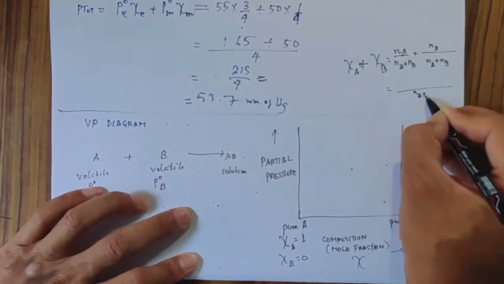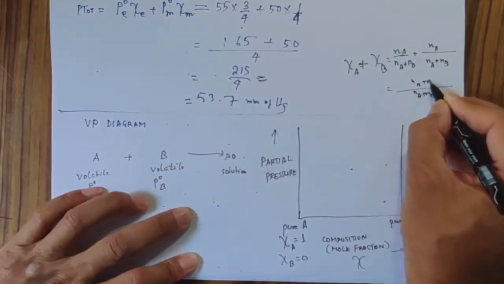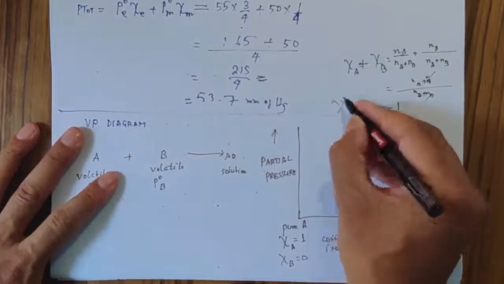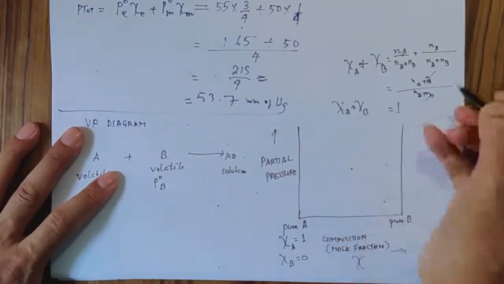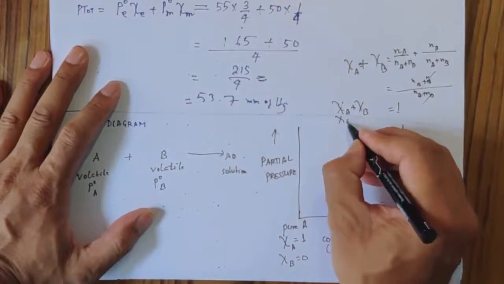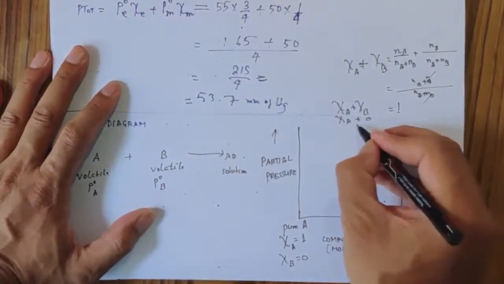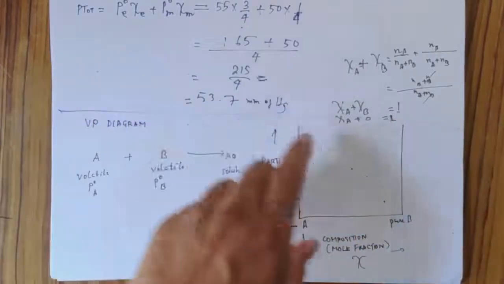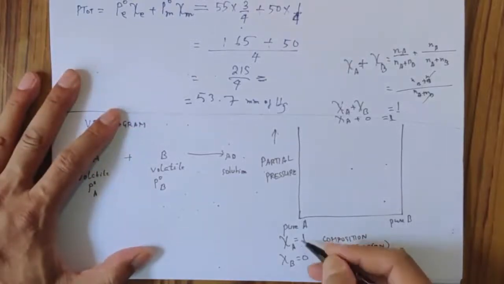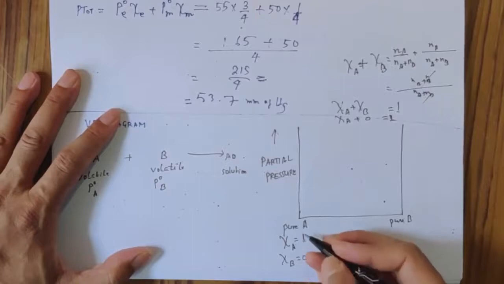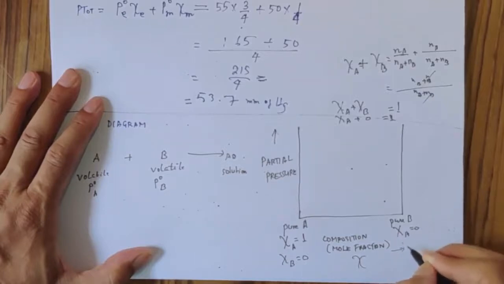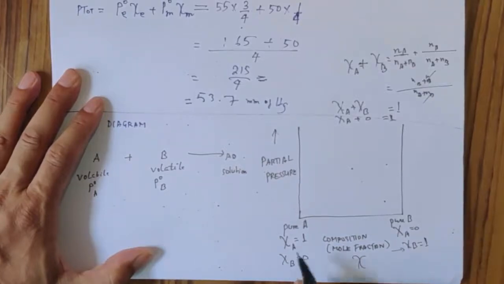Taking the LCM, Na plus Nb over Na plus Nb gives 1. So the total has to be 1: when chi A is 0, chi B has to be 1.